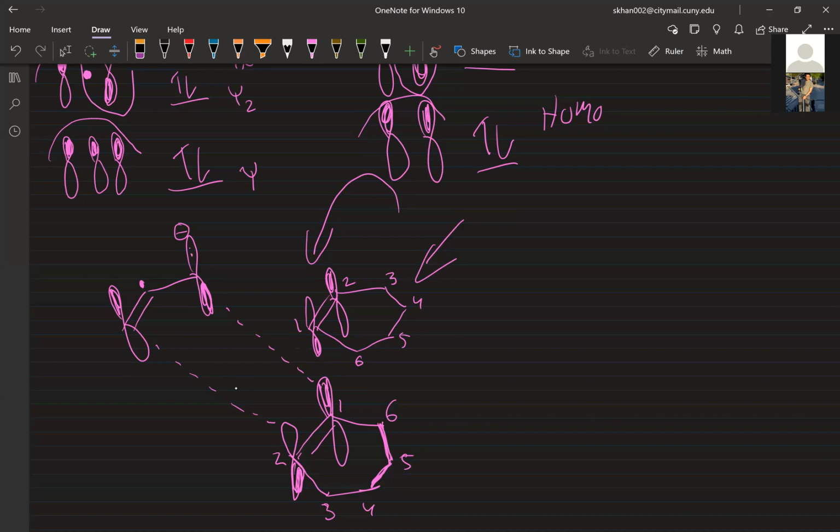If after a flip or not, you still don't get a lineup, then it's not going to be thermally allowed, right? So here, since these both line up, this is a check, this is thermally allowed, right? So just to be clear again, I could have just drawn it correctly to begin with, right? But if you drew it the other way and thought it would be wrong, just always do a flip to make sure, right?